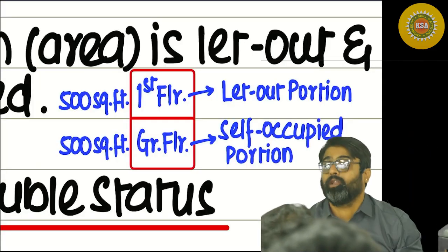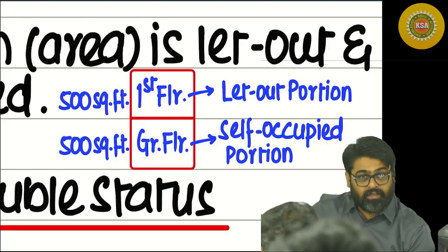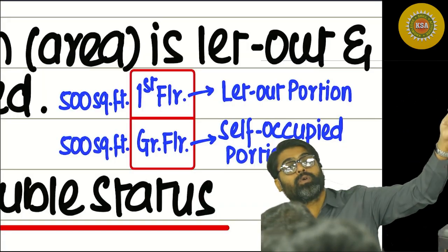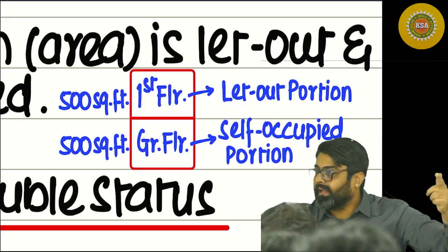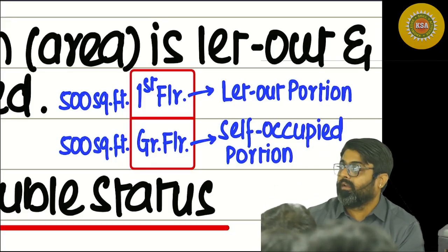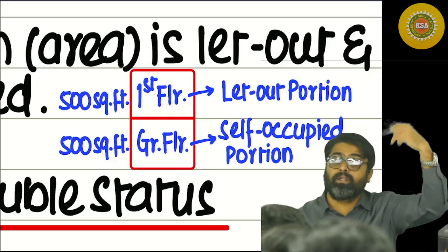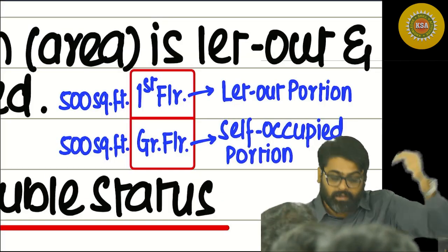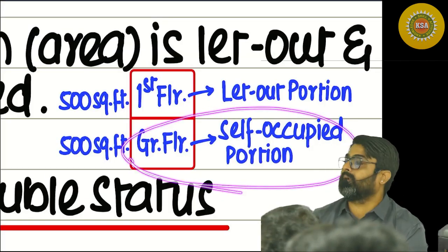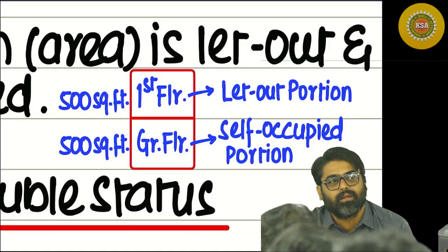Now you will have to decide that out of these three, this one and another two, total three, which you want to claim exempt. For example, you are claiming the other two SOPs as exempt, then this SOP portion will be treated as DLOP. Got it, sir? Easy, no?